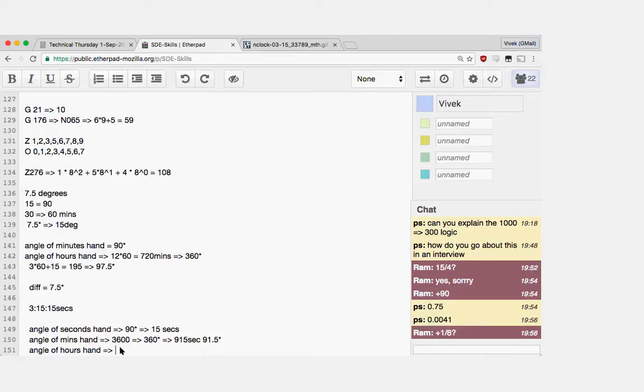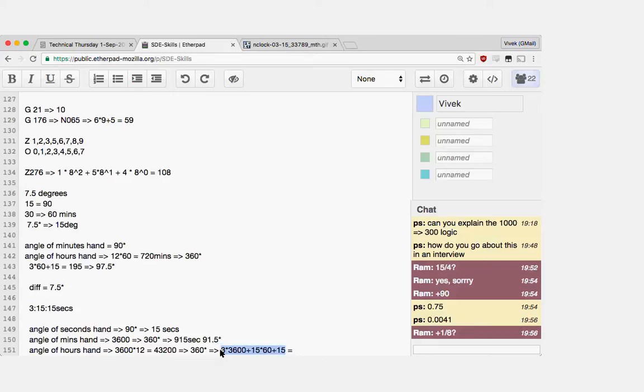So in this many seconds in a day, in that half-hour period, which is 43,200, this would have gone 360 degrees, right? So which means 3 times 3600 plus 15 times 60 plus 15. This is the number of seconds total.